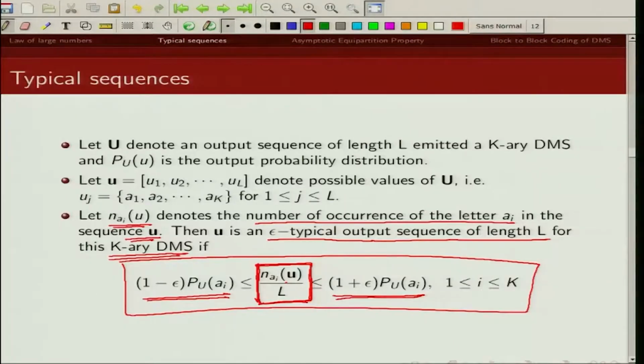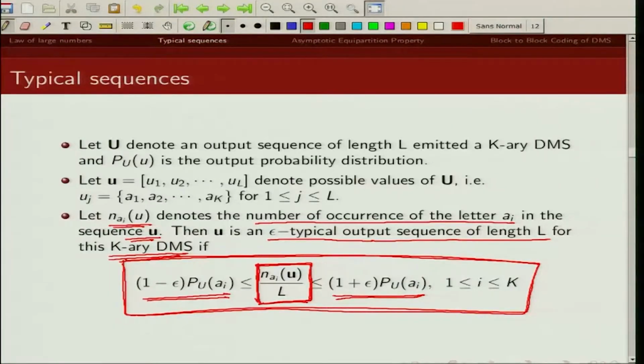So it should hold for A1, A2, A3, up to AK. So we say U is an epsilon typical sequence of length L if this condition is satisfied. Please note epsilon is a small number.